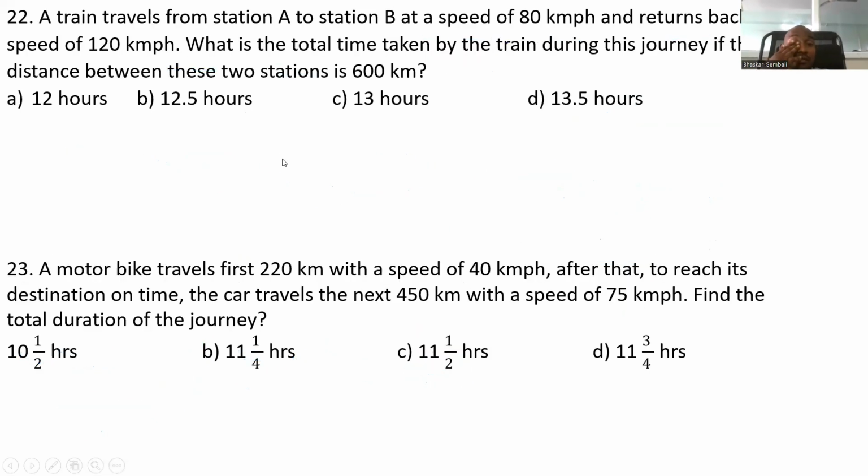A train travels from station A to station B at a speed of 80 km per hour and returns back at a speed of 120 km per hour. What is the total time taken by the train during this journey if the distance between these two stations is 600 km?